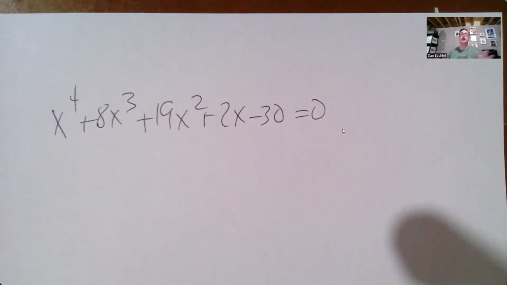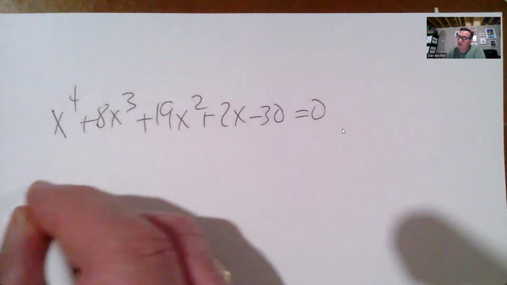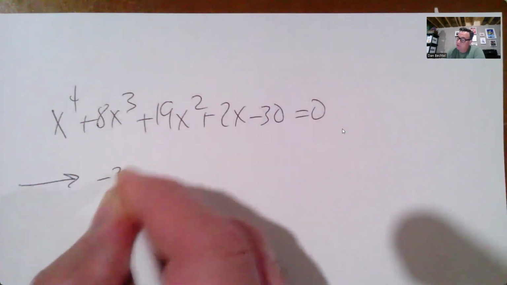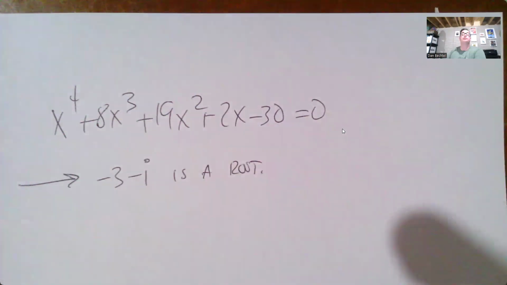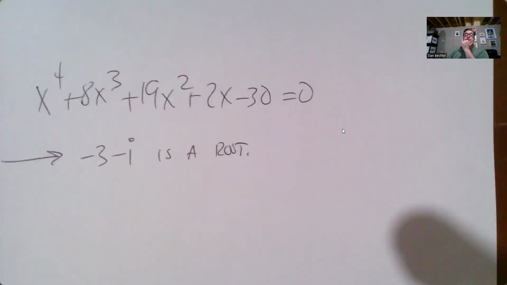These do take quite some time. So really quickly, I wanted to show you that sometimes they'll give you one root, like, let's say I give you that negative 3 minus i is a root. Here's one of the things that I want to make sure you understand.